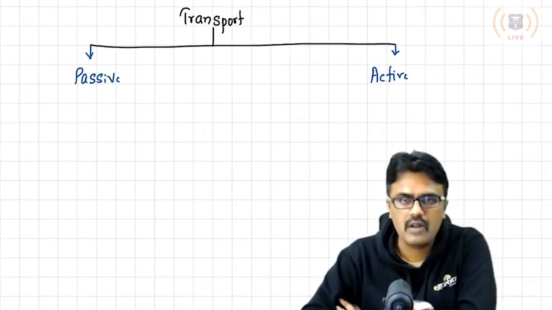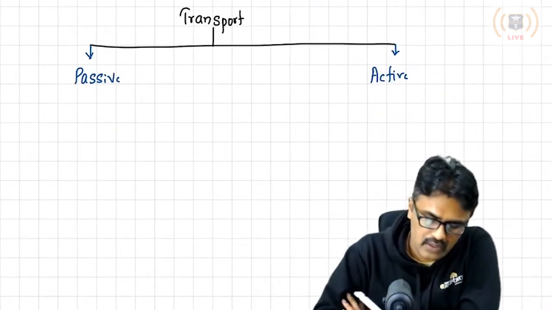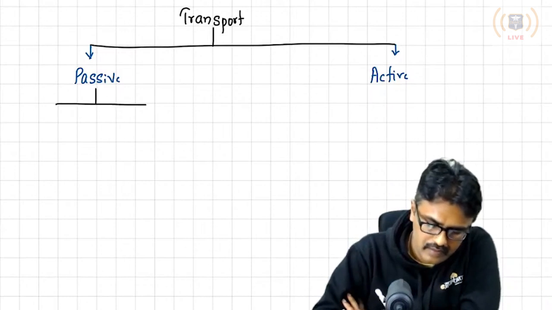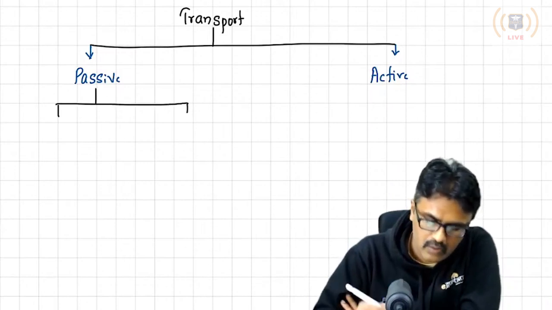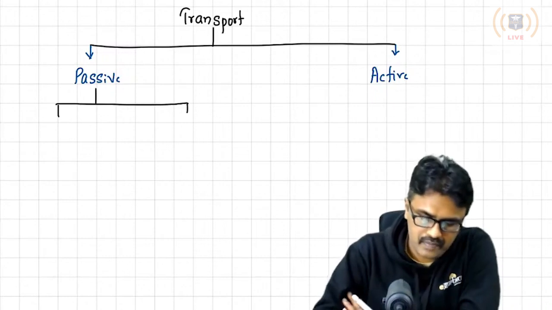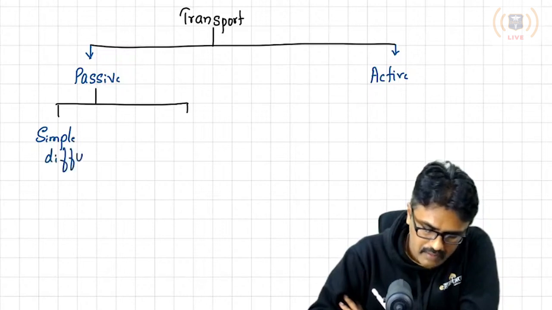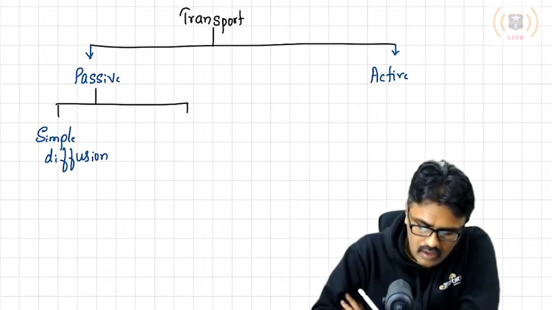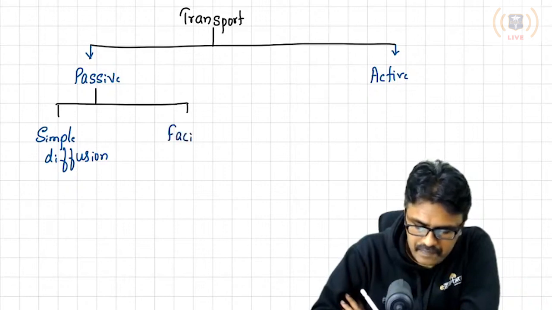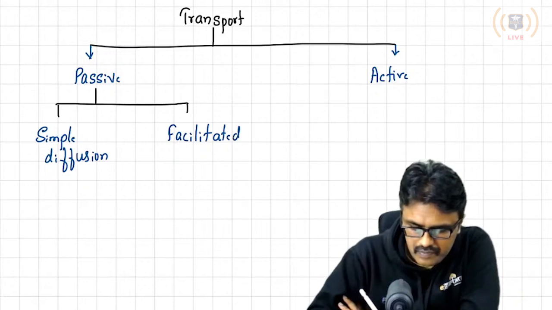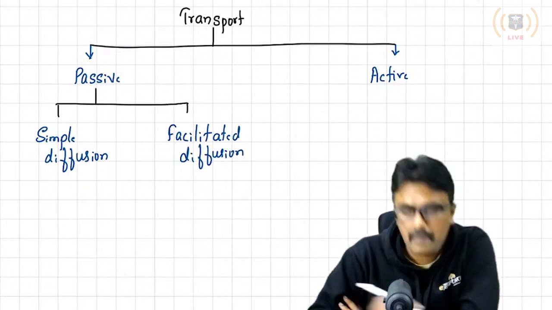You know this from your physiology also. In passive we have two varieties. Either it can be by simple diffusion, or one more concept is by facilitated diffusion. So these are the two things.